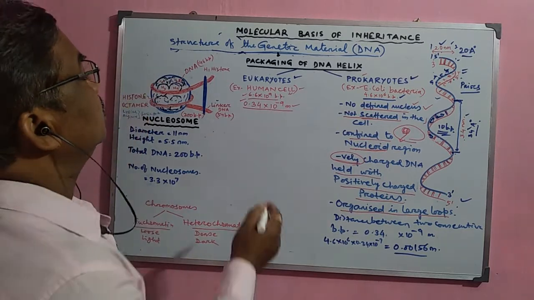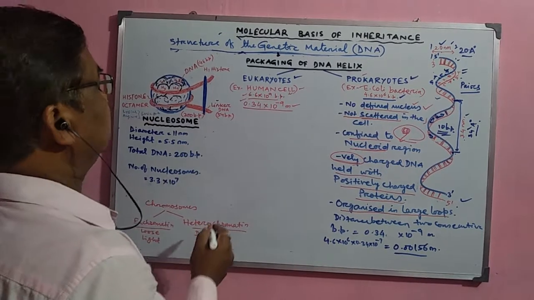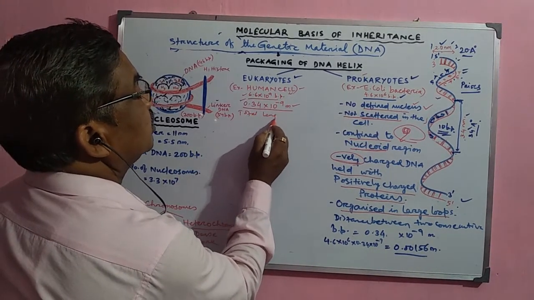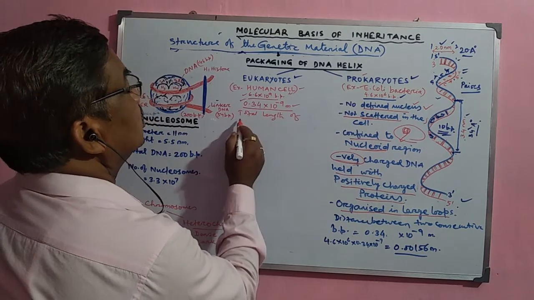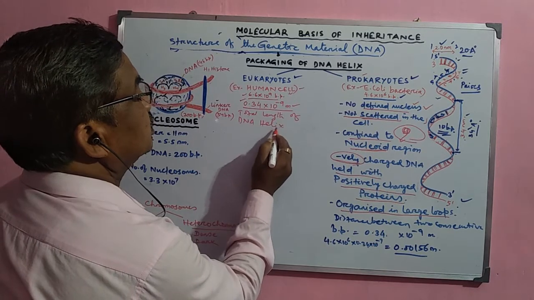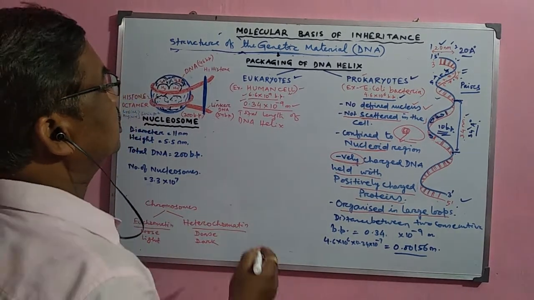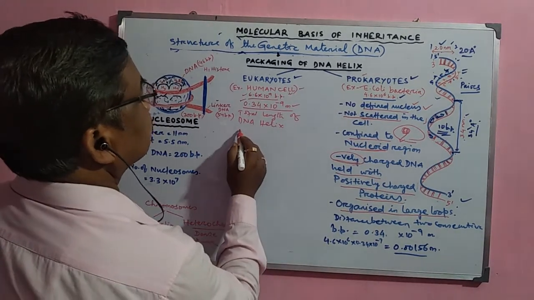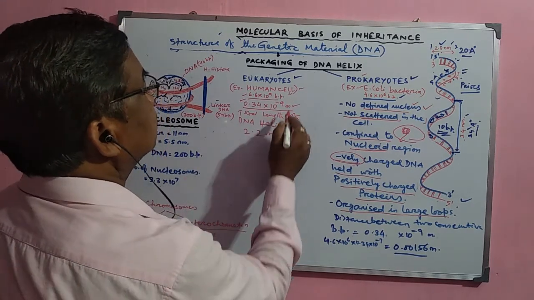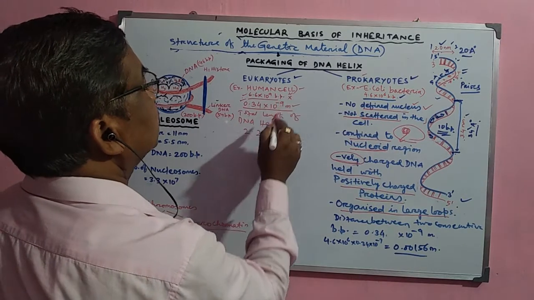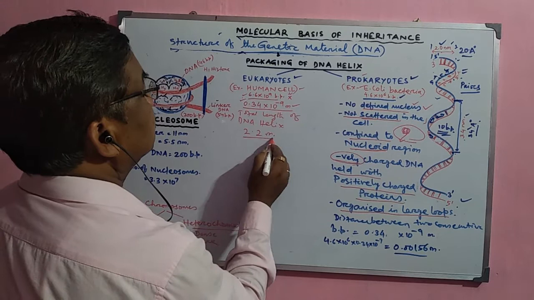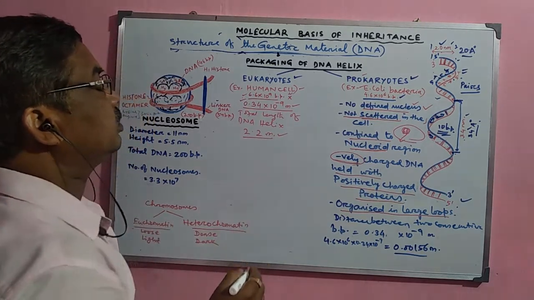Then when we calculate this, we will find the total length of the DNA helix in human beings. When we multiply the 6.6 into 10 to the power 9 base pairs by the distance between two consecutive base pairs, it will be around 2.2 meter.